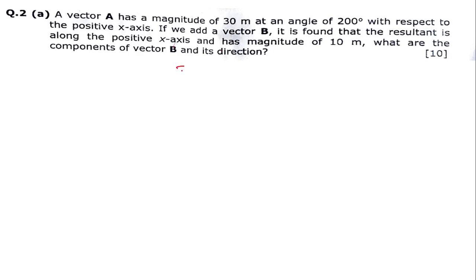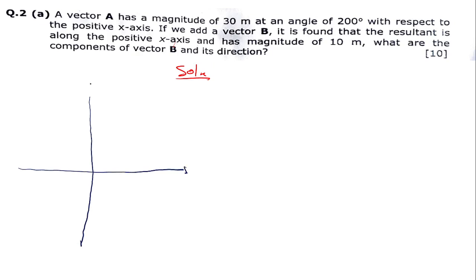So I'll write my solution, and it's very important for me to collect the data. From the information that I've been given, I'll start with the data collection. So I have my y-axis and I also have my x-axis.